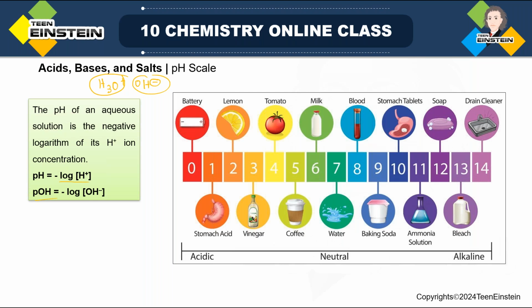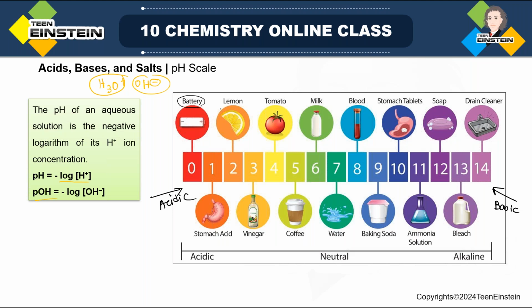So here we have this scale, and you can see examples of many things that you already know from our day-to-day life. It is not something new. This is one extreme, which is acidic. This is the other extreme, which is basic or alkaline. Here battery is mentioned.